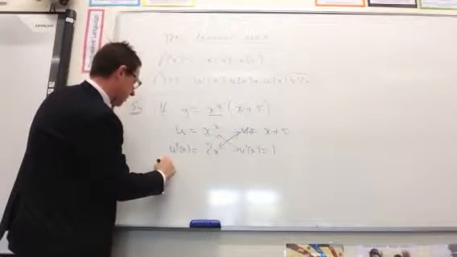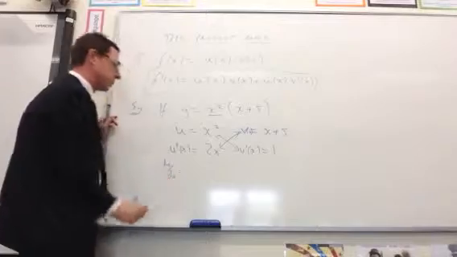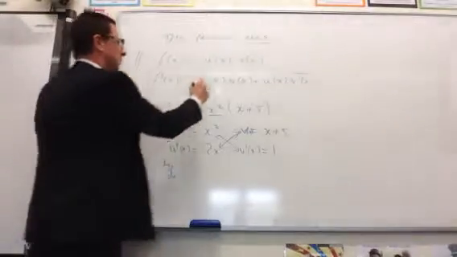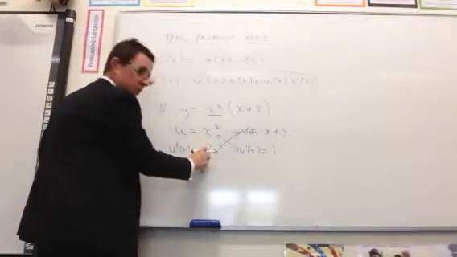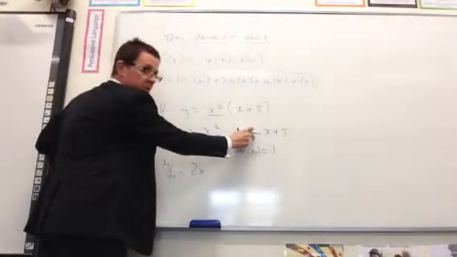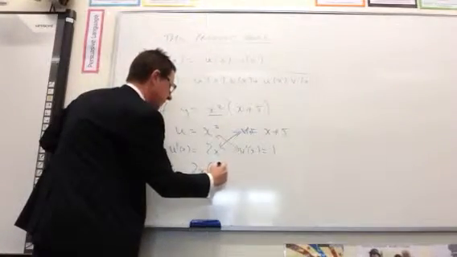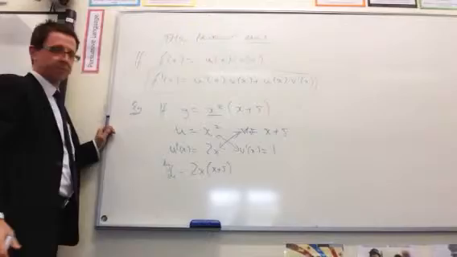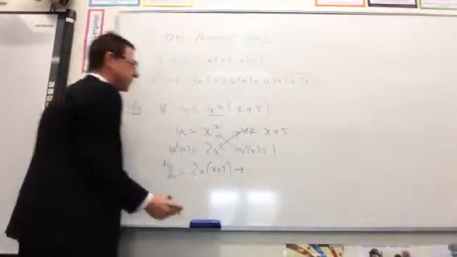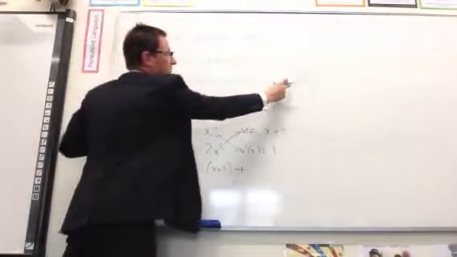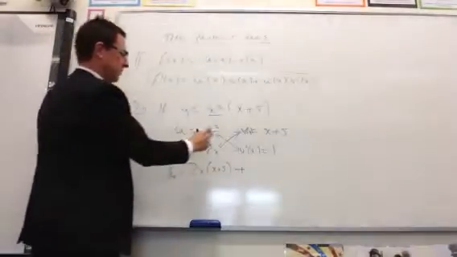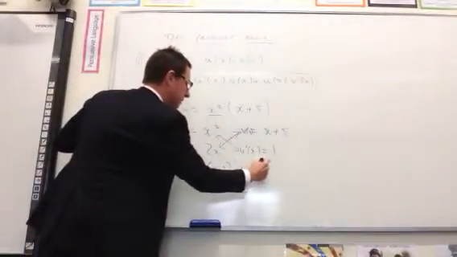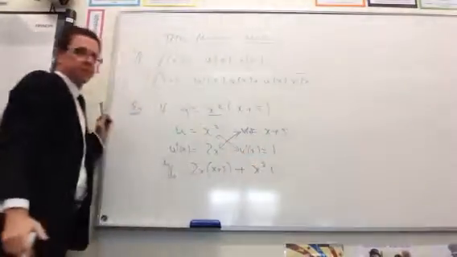So dy dx, whatever you want to call it, equals u dash, 2x, times the original function, x plus 5, plus the other way around, u times v dash, x squared times 1.